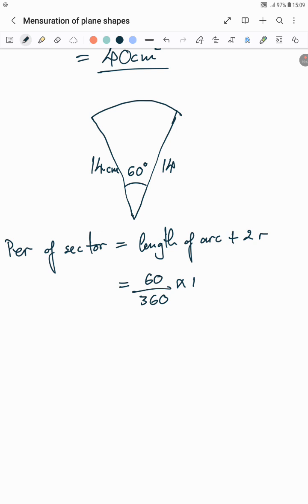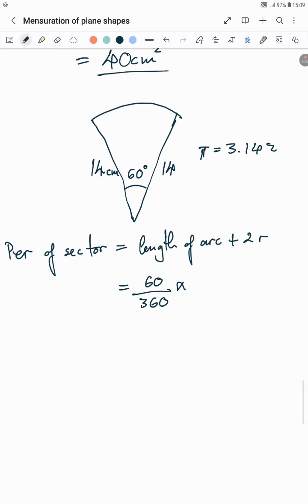Let's say here we're using pi is equal to 3.142. That's pi d, and d will be equal to 14 times 2, which is equal to 28, plus 2 times radius.